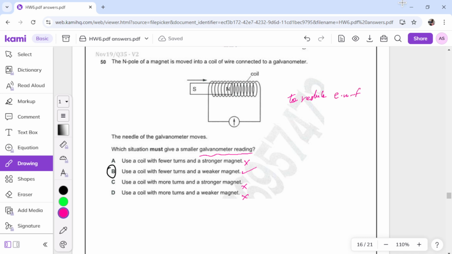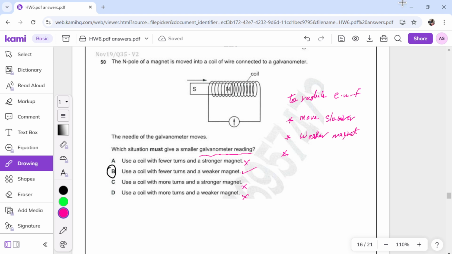Because we said, to reduce EMF we have three options. Number one, move the magnet slower. Number two, a weaker magnet or weaker magnetic field.